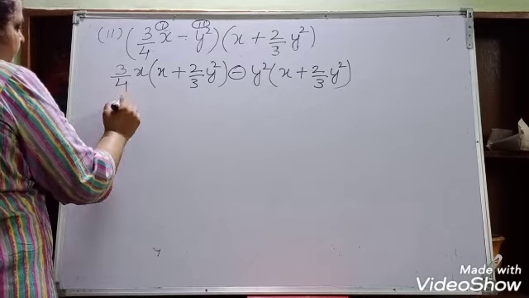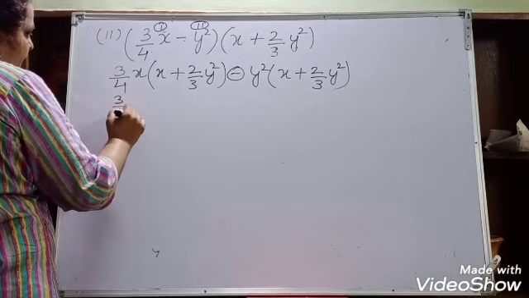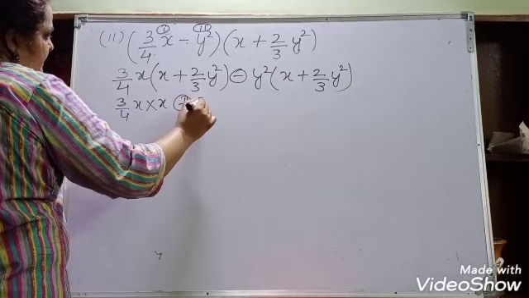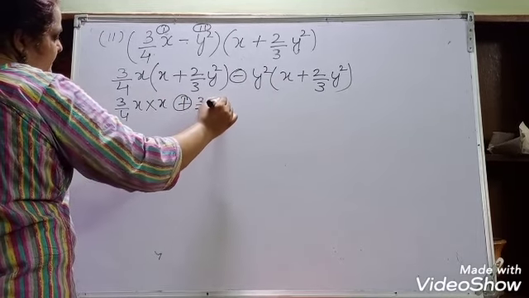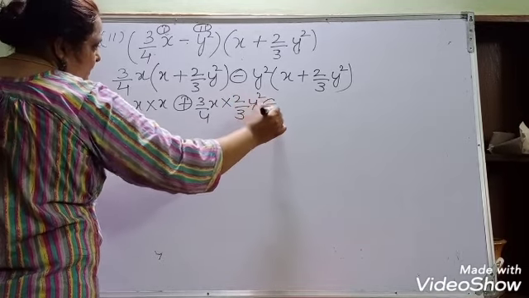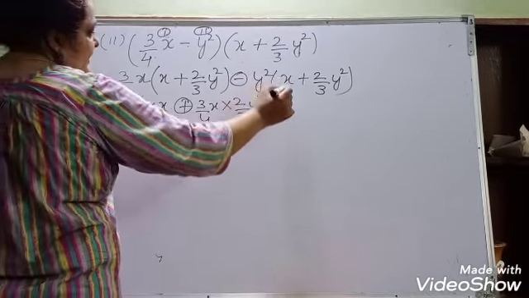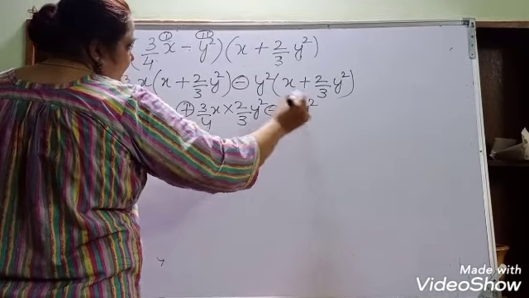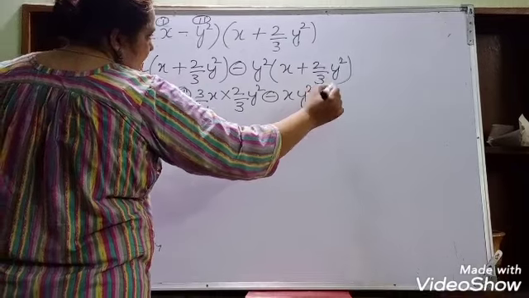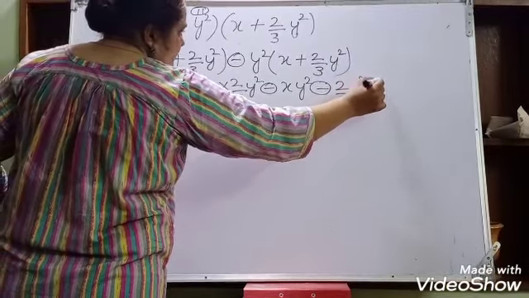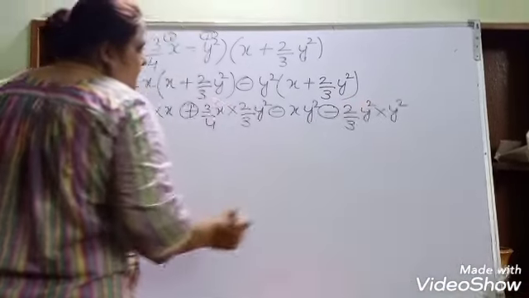So it will become 3 over 4 x into x plus 3 over 4 x into 2 over 3 y square minus y square into x. We can write y square x or xy square. Then minus plus minus 2 over 3 y square into y square.